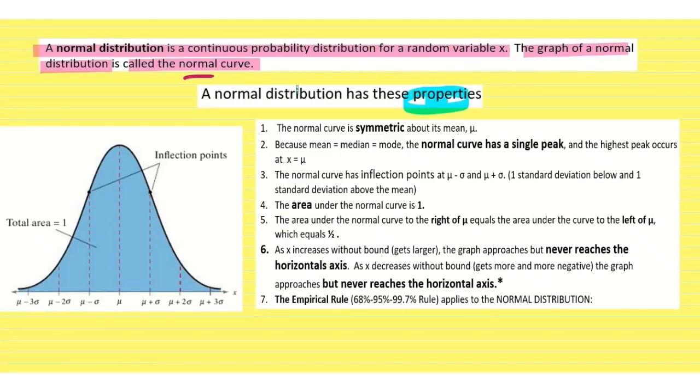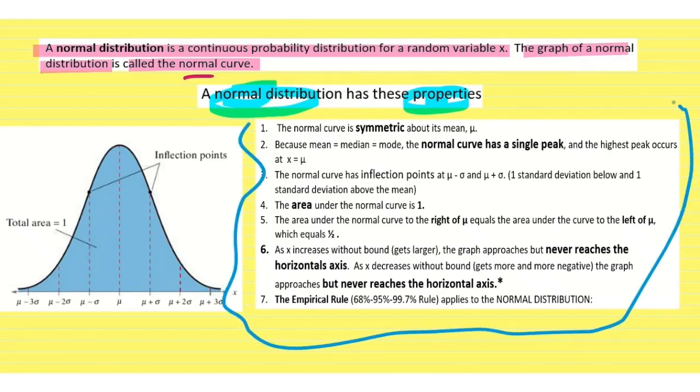Let's talk about the properties of the normal distribution. Make sure and read through this entire list on your own time, but we are going to focus on the highlights. The normal curve is symmetric about the mean. Here is the mean, it is in the middle, and there's an invisible line of symmetry, which means that on both sides we have mirror images of each other.